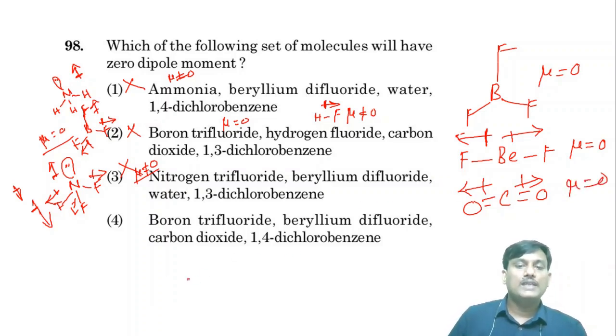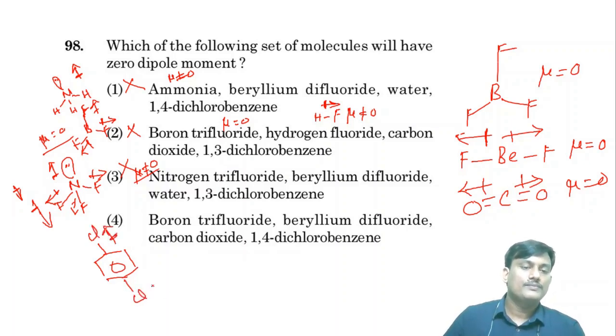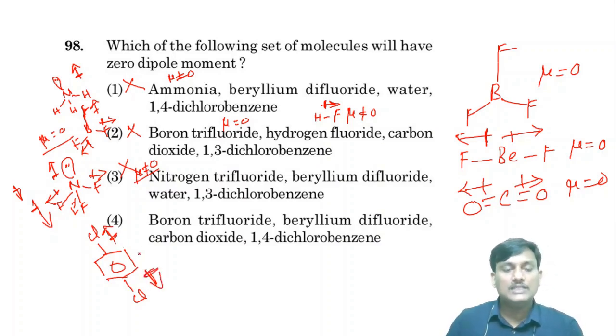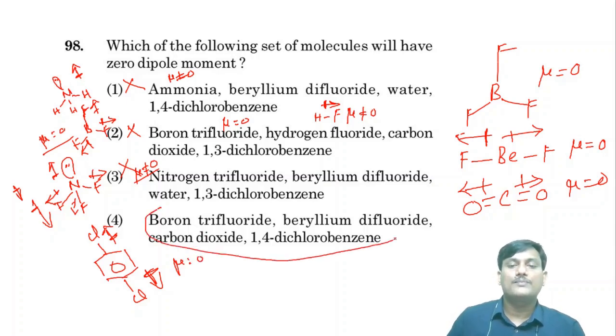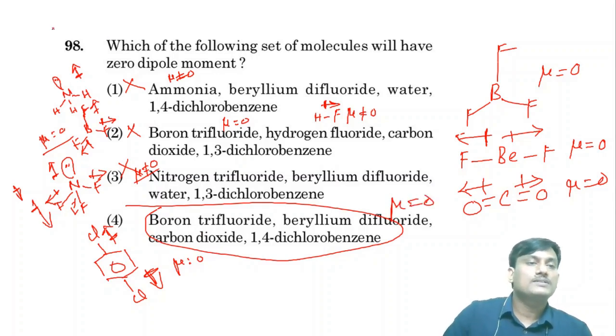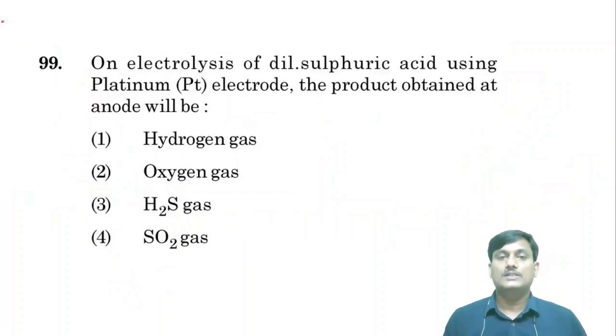And 1,4-dichlorobenzene. Here also you have bond dipole moments, but they are exactly opposite and equal. So in this case also mu is equal to 0. In all these cases, mu is equal to 0. So what is the correct option? For 98, the fourth one is the correct option.